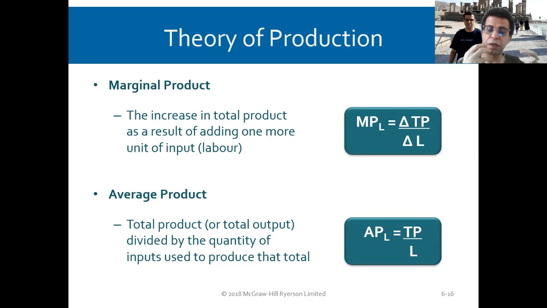So it is the total product or the total output divided by the quantity of input used in the production. Let's assume you put 10 units in and you produce 12 units of something. We're not going to use dollars here, but it is 12 over 10, which is 1.2.